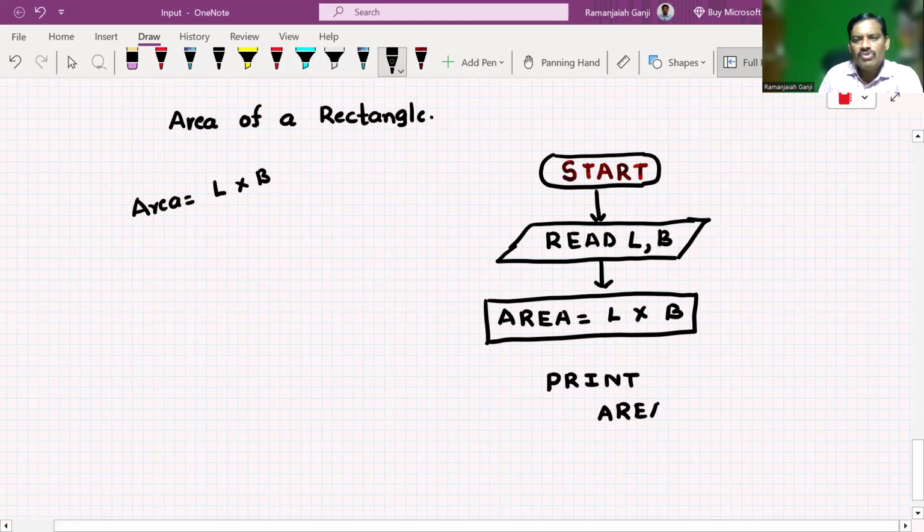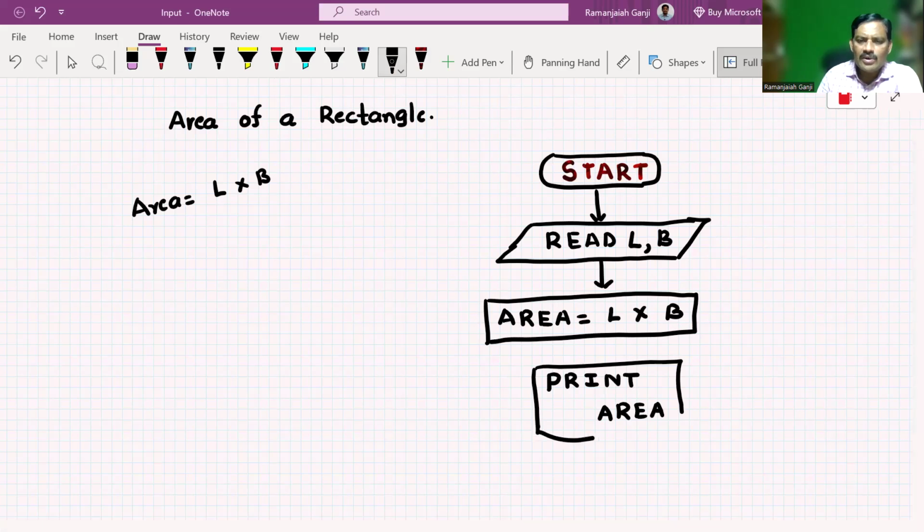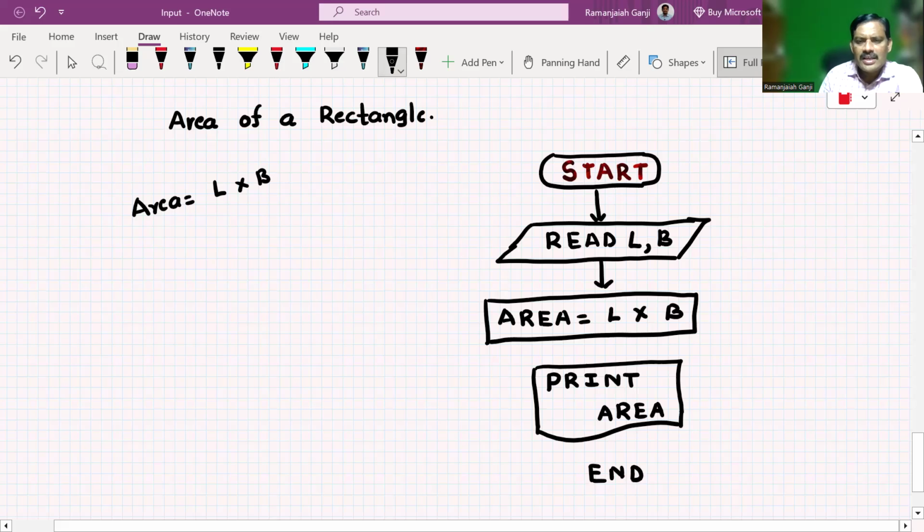I told you, you may write a parallelogram directly for printing the output, or you may use a print symbol in order to habituate all the symbols. I am starting one by one.